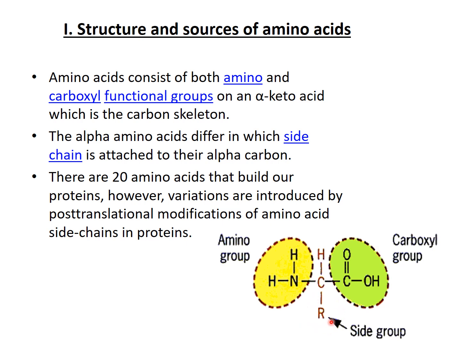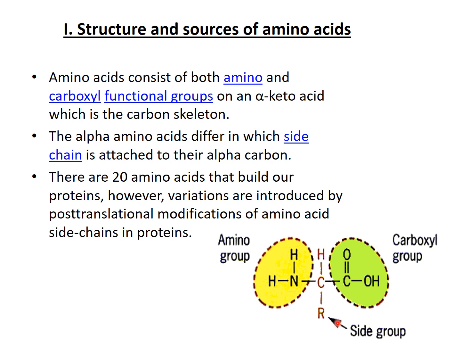So there are acidic amino acids, for example, glutamic acid or aspartic acid with negatively charged groups on the side chain, positively charged ones like lysine, neutral amino acids, and there are also additional sulfur-containing or aromatic ring-containing amino acids used in the body.